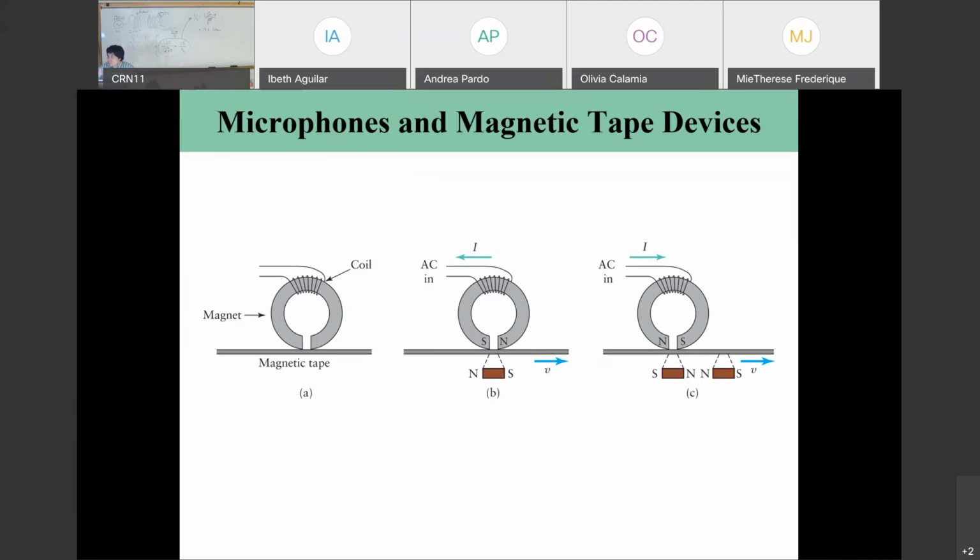You create a changing current, which gives you a changing magnetic field, which gives you an induction, which gives you an electric field, which you can actually get sound from. Oscillations in and out of an electromagnet.